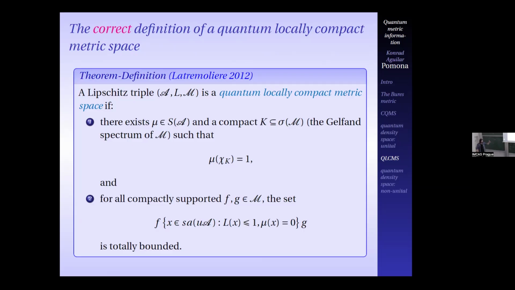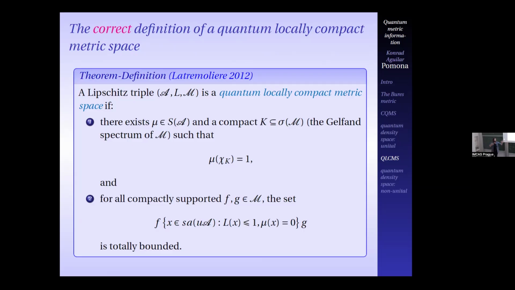What's going on behind the scenes here is that these help you get rid of the approximate identity. So remember the purpose of this in the compact case, in the unital case, so forget the F and G at the moment, but the purpose of the set is to get rid of the identity, right? To get rid of scalar multiple identity. Here, these local states are going to get rid of at least a tail of an approximate identity.